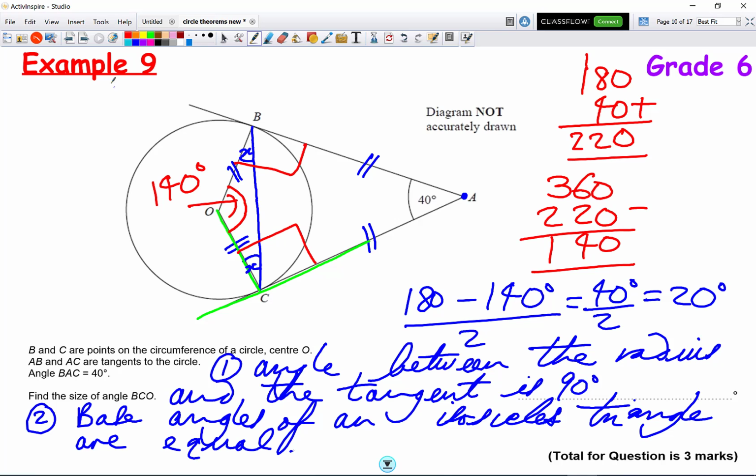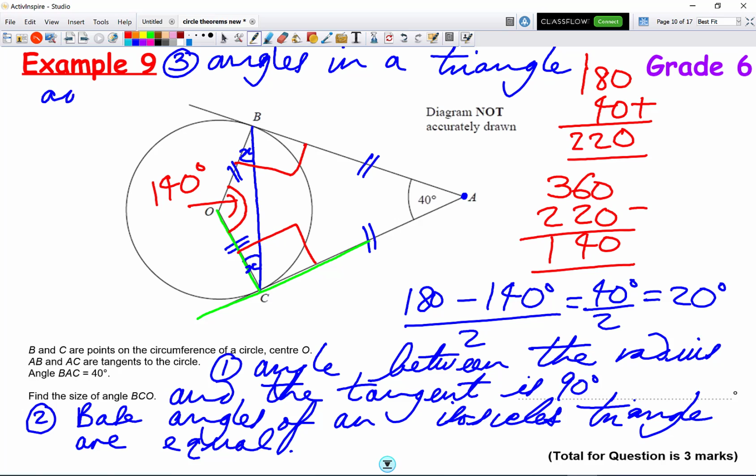And lastly, that angles in a triangle add up to 180.